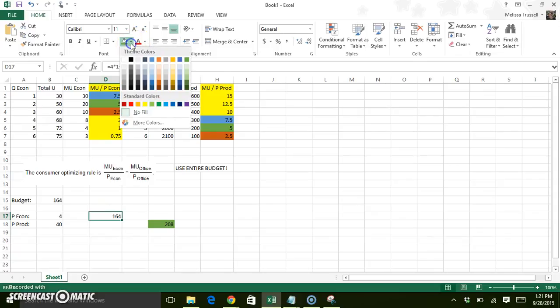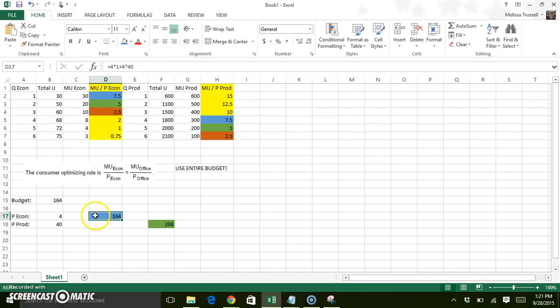So the blue option is the one we have to go with because it's the one that uses the same amount as our budget here. And you could do that same calculation for the red boxes, the other places where the mu over p's are equal, and you again would not get 164 for your budget. As an exercise, you can do that and just prove that to yourself.